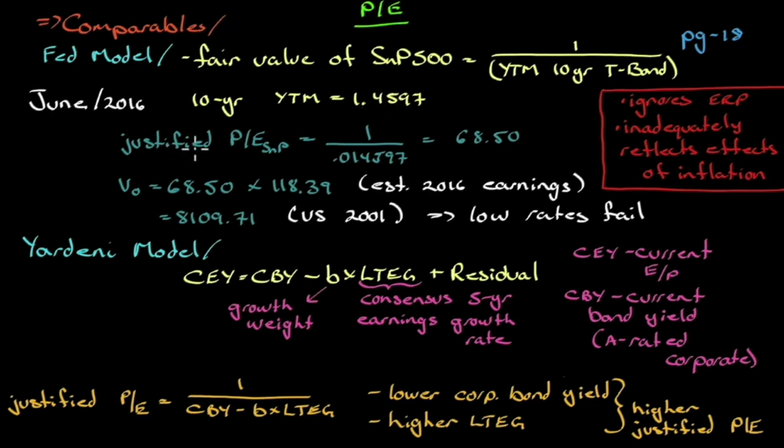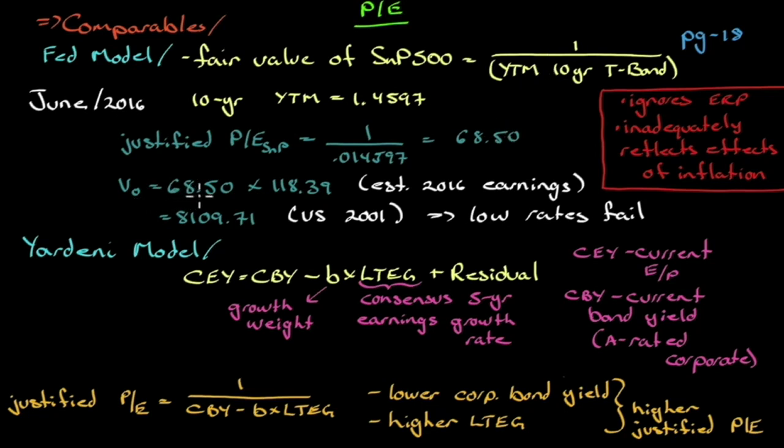So the justified PE on the S&P, the justified fair value on the S&P, is 1 divided by that yield to maturity, which is 68.5 times earnings. So the S&P should be trading at 68.5 times earnings, not 17. 68.5, given where the 10-year yield is.